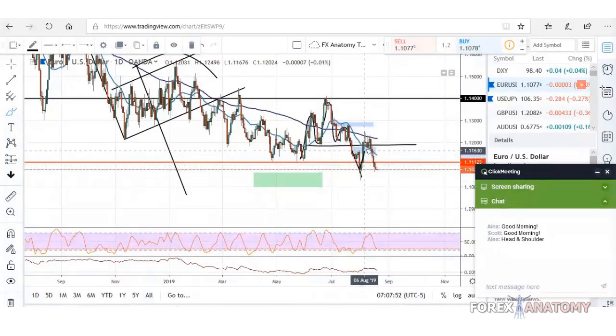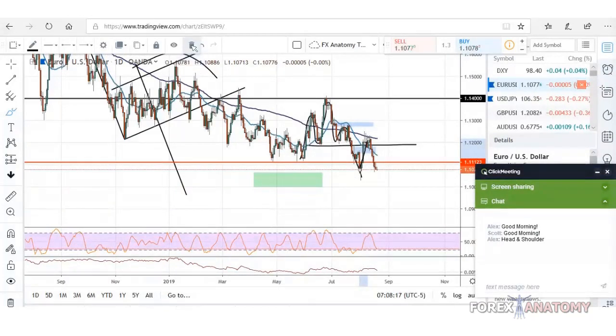Price corrects higher to retest the neckline, starts consolidating, and then we have an expansion lower. This is what we expected on the Euro USD: US dollar strength to kick in around this area and for price to slide lower, and that's exactly what happened on this pair.